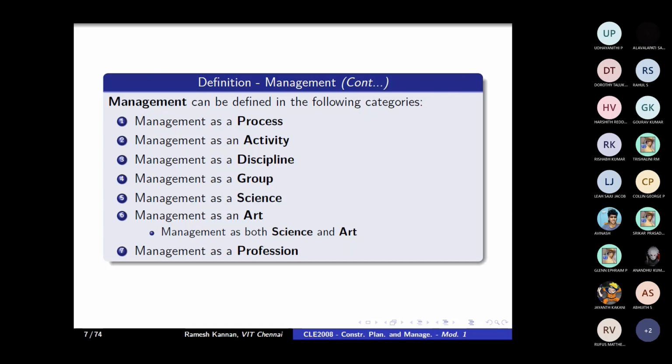Then, pretty important, is management as a science. This is what we talk about: applying managerial principles to different environments with mathematics as well as quantitative and qualitative approaches. Like in modules 5, 6, and 7, we'll be looking into and analyzing the network diagram.